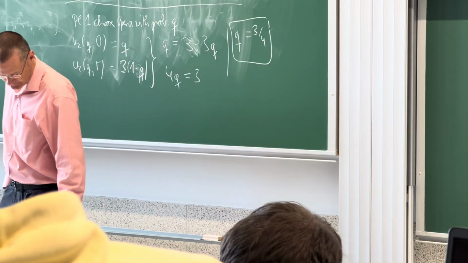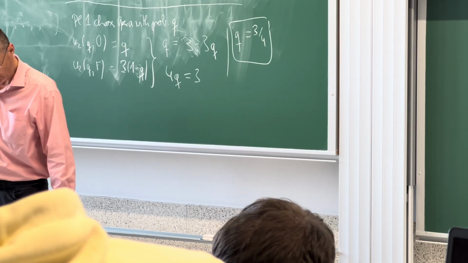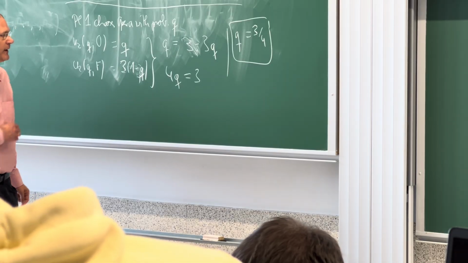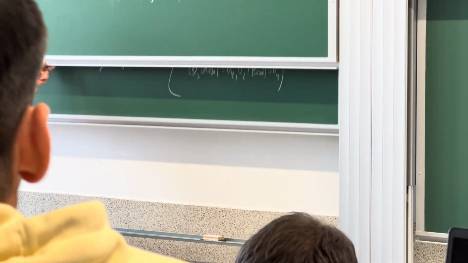So now player 1 chooses opera with only 3 quarters, and player 2 with 1 quarter, and this is a Nash equilibrium in mixed strategies.